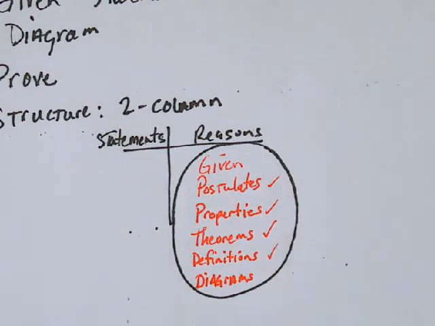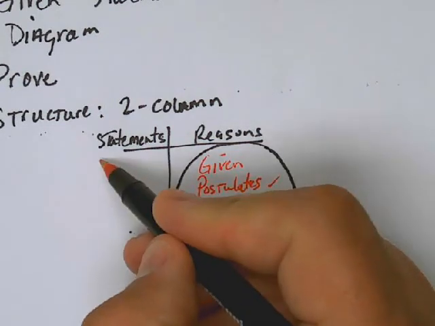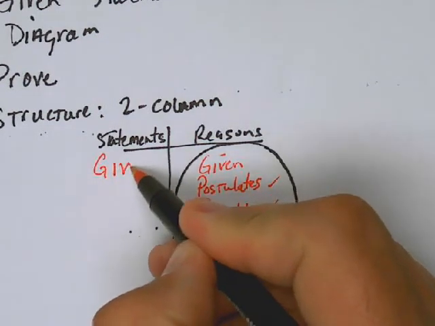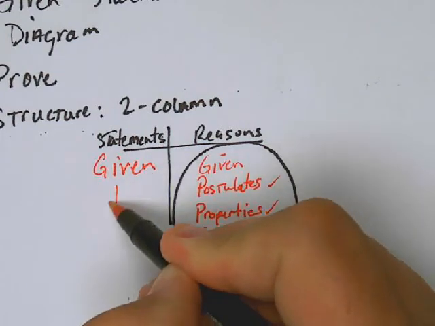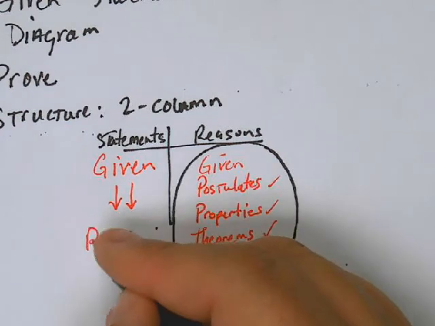Definitions, we just wrote a definition a little bit earlier. If two figures are congruent, corresponding parts of congruent figures are congruent, corresponding angles, corresponding sides. That's the definition. Okay? So, statements are, you start at the given, and you give your argument or your justifications to what you're trying to prove.